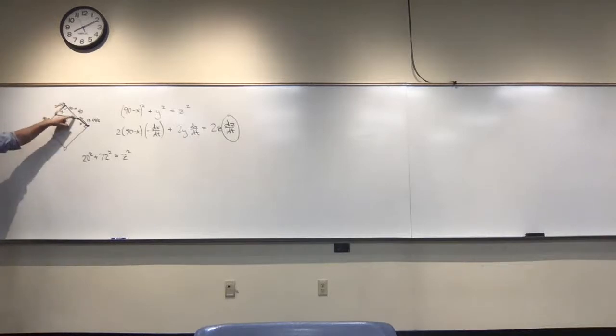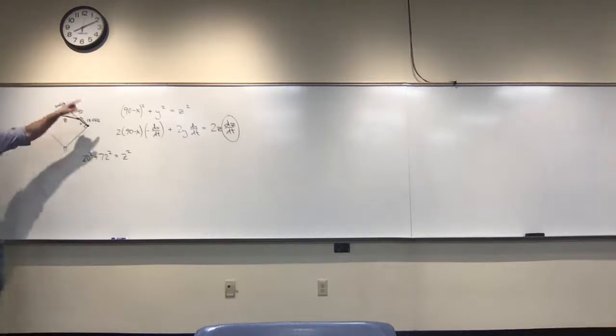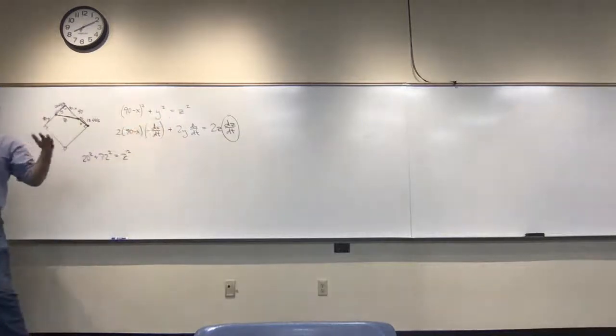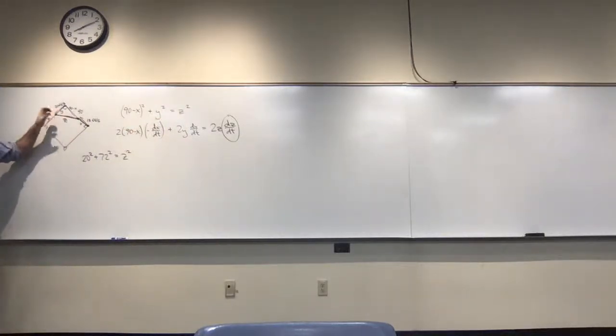But I could have made this distance x and this 90 minus x, and then this would be x squared plus y squared equals z squared, but you just have to be a little bit careful that dx/dt is actually a negative value.